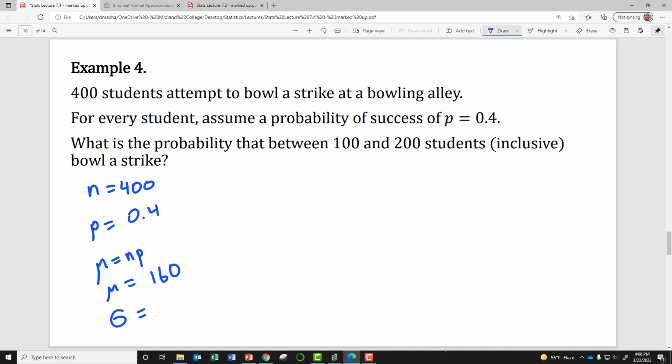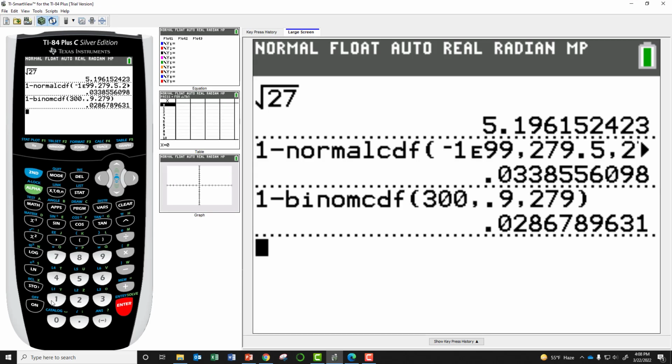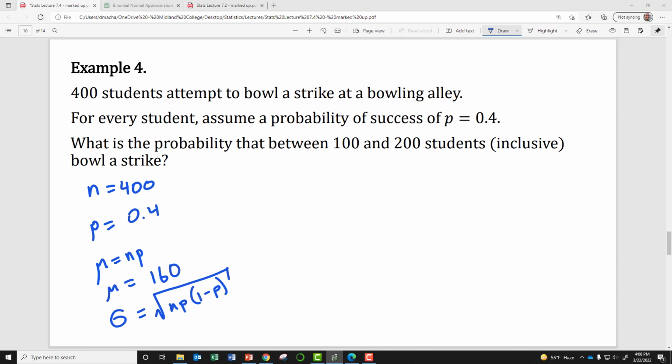My standard deviation is, of course, the square root of np times 1 minus p. So n times p is 160, and 1 minus p is 0.6. So 0.6 times 160. We'll go ahead and resort to using my calculator so I don't make a mistake here. That's 96. So my standard deviation is the square root of 96.